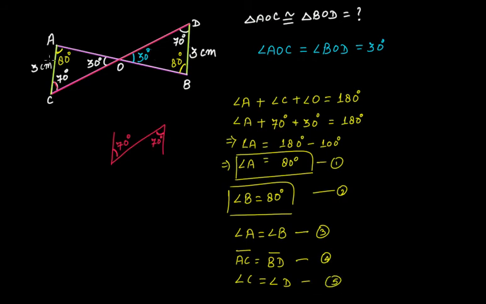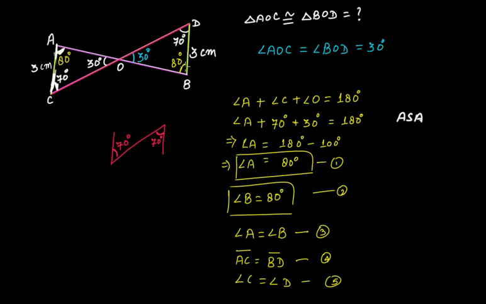Let me highlight this with a brighter color, sorry. So this is the angle, this is the side, and this is the angle. Angle, side, angle property. Can you see here that it's being satisfied?